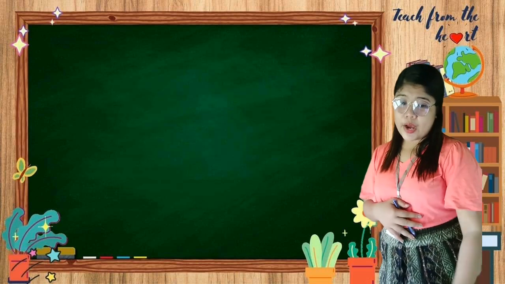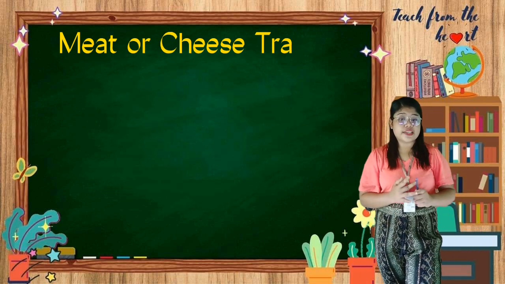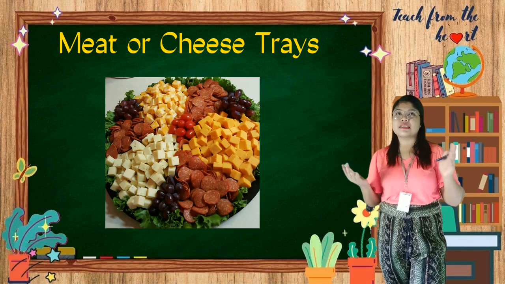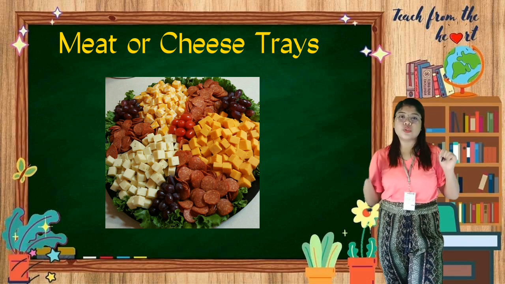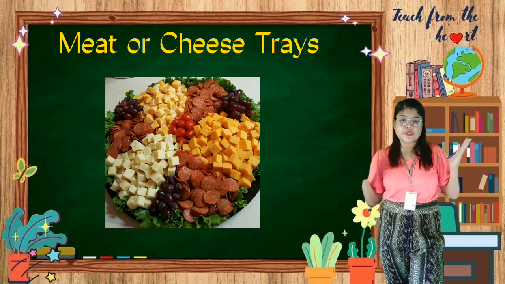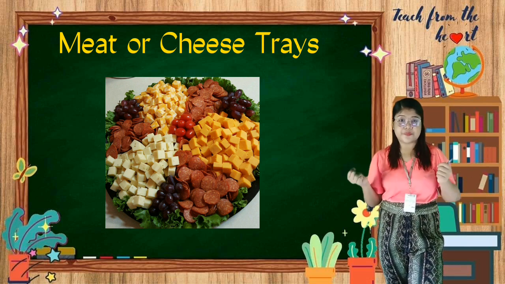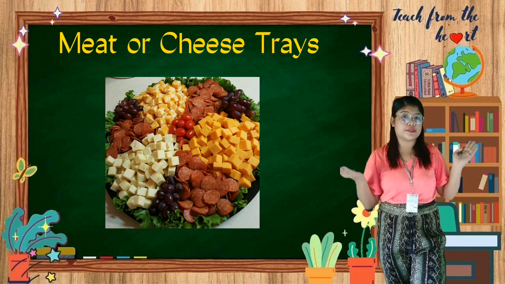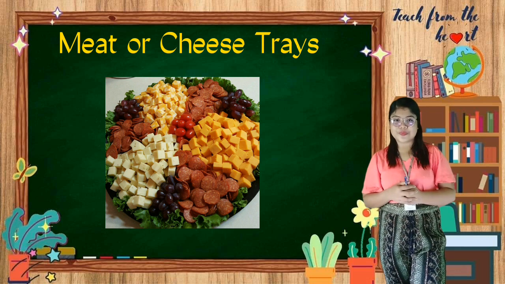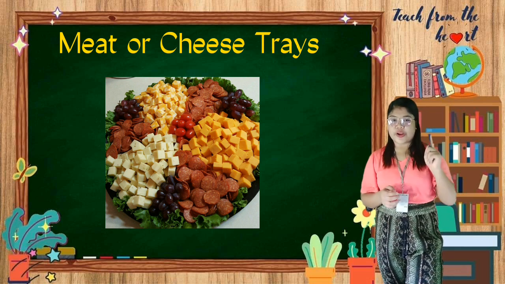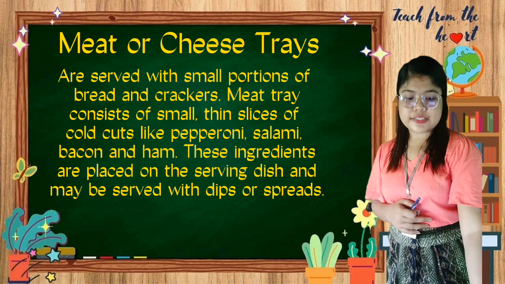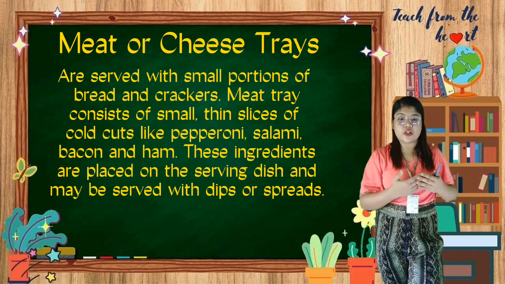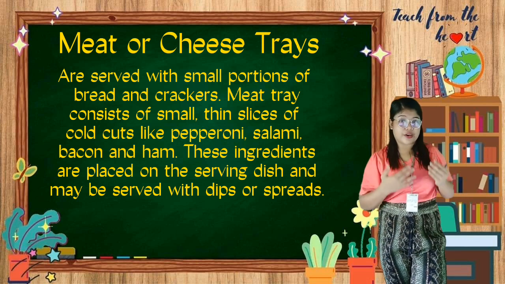So the next one is meat or cheese tray. So class, anyone from the class who knows what is meat or cheese trays? Okay, so what is your observation on this picture? Correct. Meat or cheese trays are served with small portions of bread and crackers.